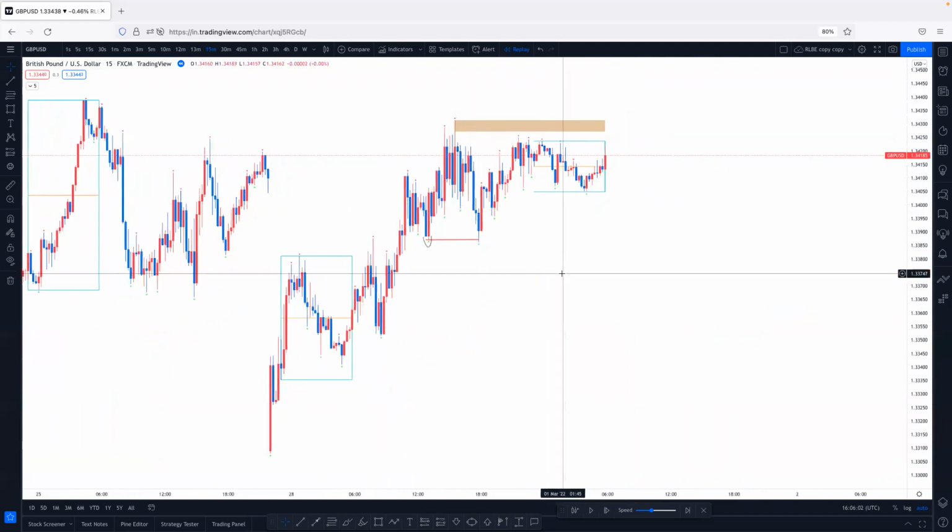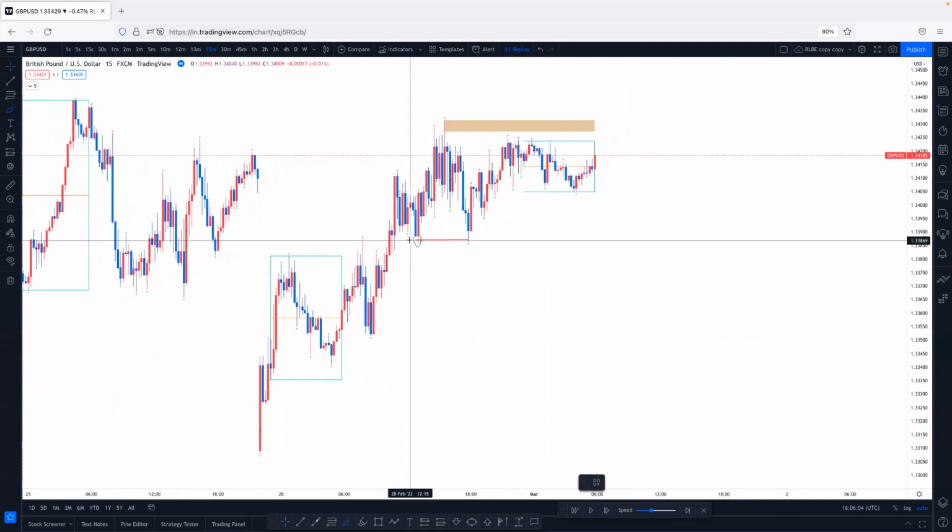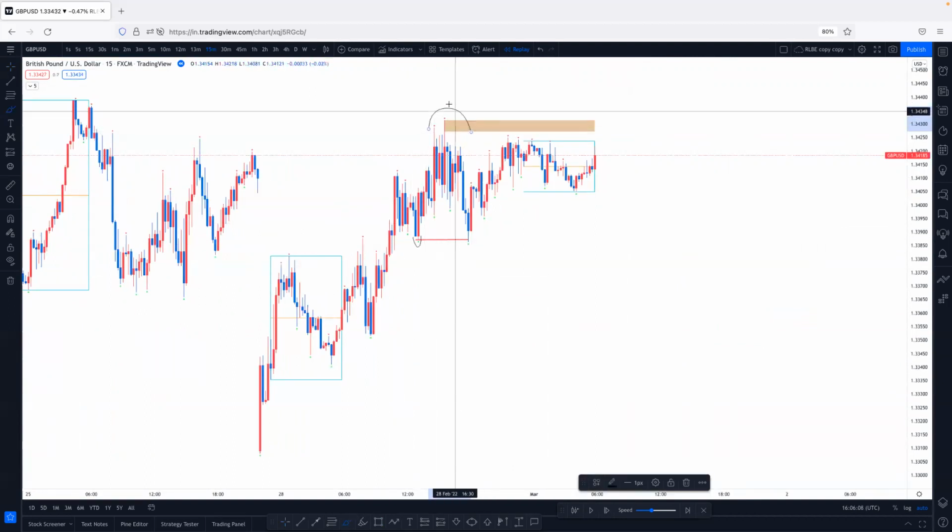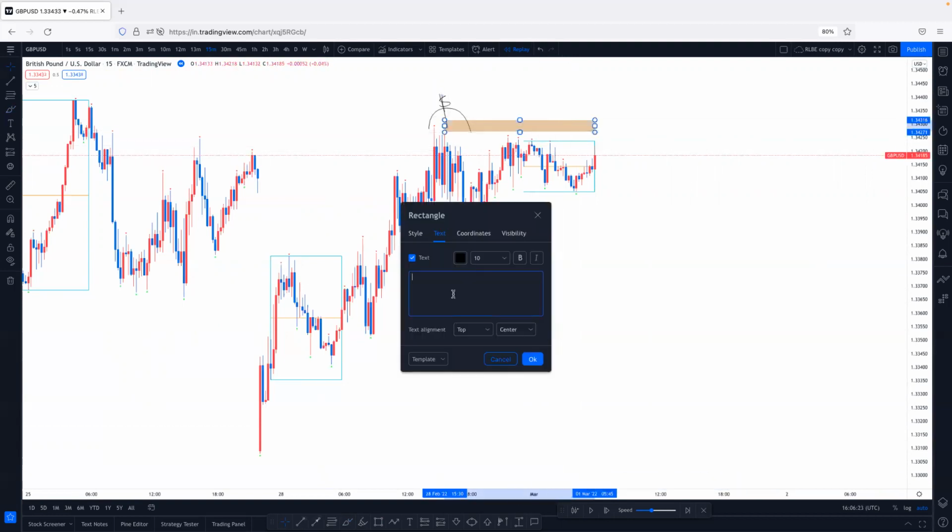Now, the way that I see this, I see points of liquidity in the market. So I see this point as a point of liquidity. The shaded color of this order block that I've depicted here is what I call my trap block, right? And there's a very objective way that I identify traps in the market.